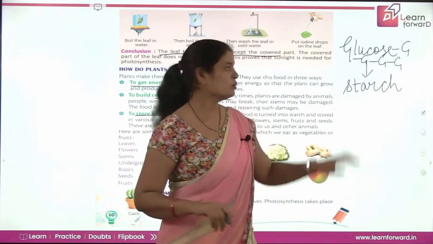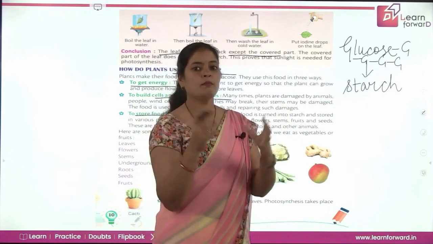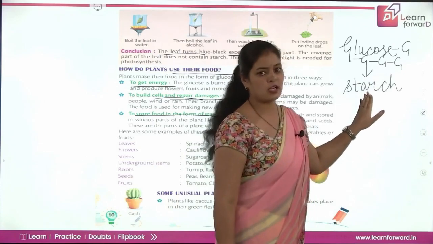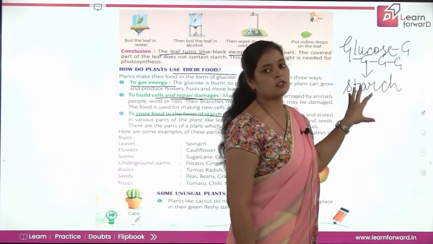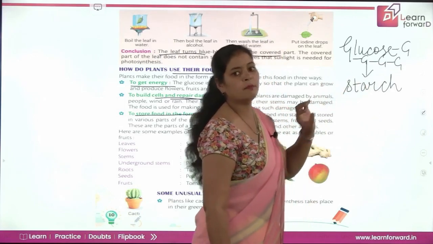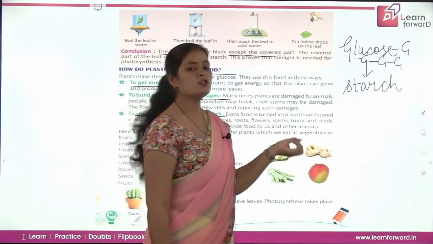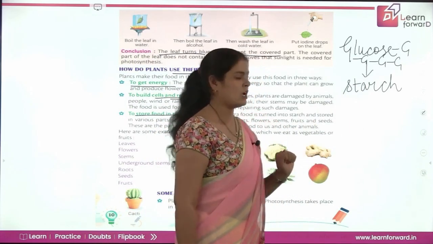So when glucose is prepared in the plants by photosynthesis, these subunits start accumulating and form a bigger unit called starch. This is also sugar, but this is a simple sugar, this is a complex sugar. So whenever plants prepare food, they prepare it in the form of glucose, but whenever they store this food in their body, it is stored in the form of starch.